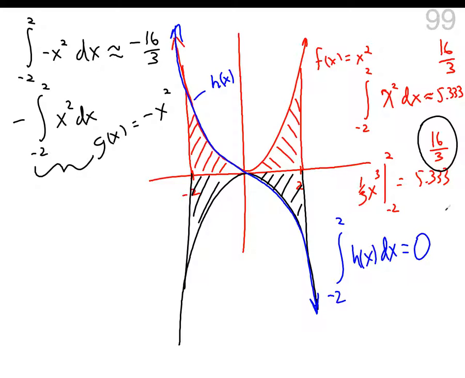So that leads us to this: the integral from -2 to 0 of h of x dx plus the integral from 0 to 2 of h of x dx. And that still gave us the same answer. The area above is the same as the area below, they cancel out.